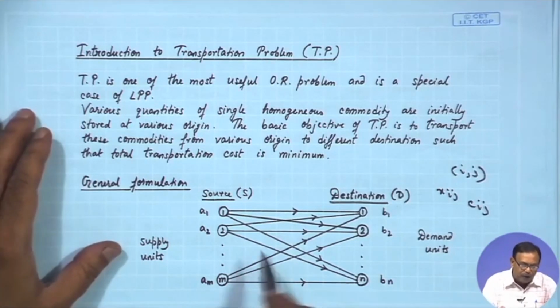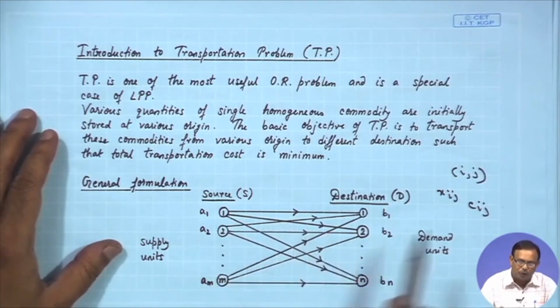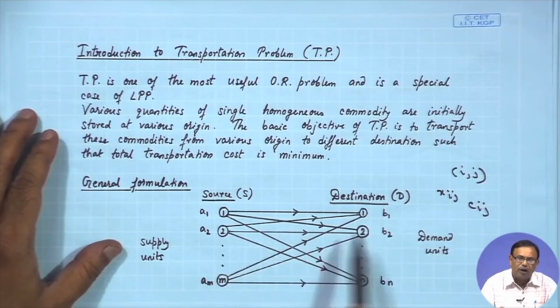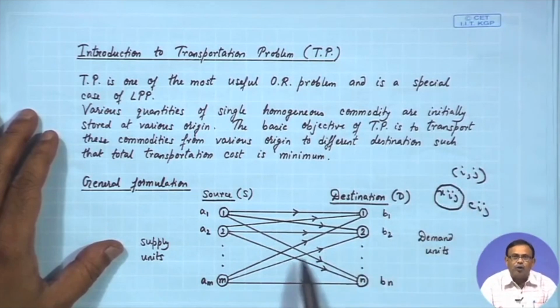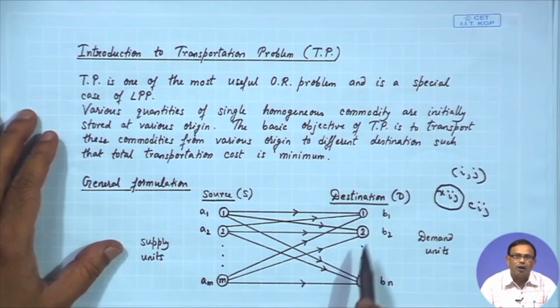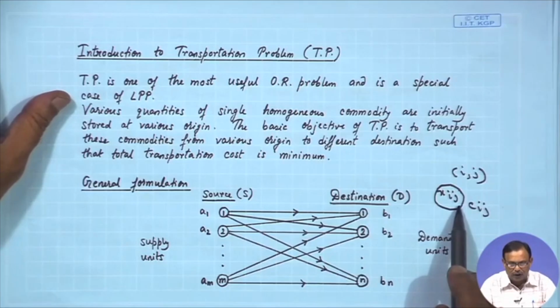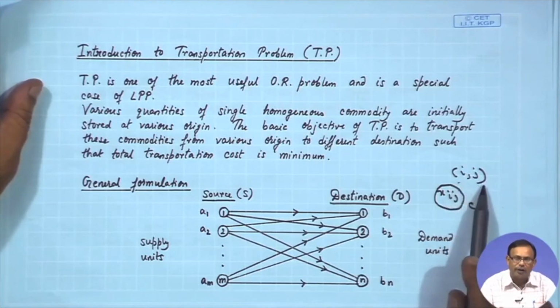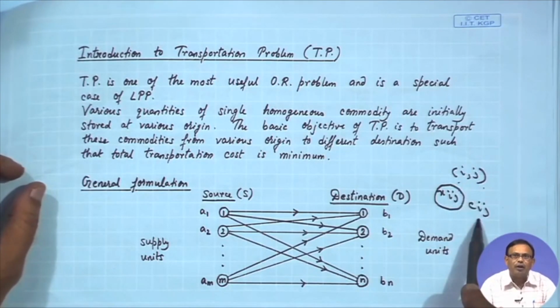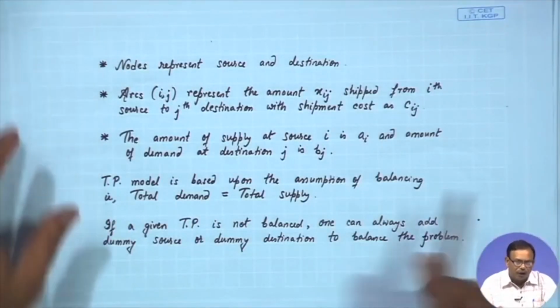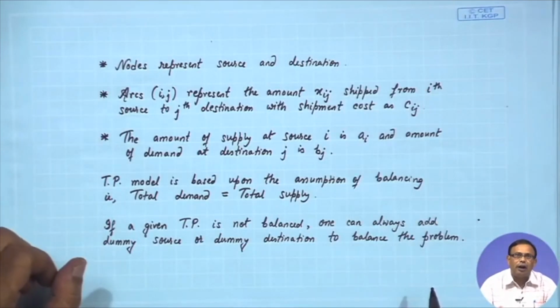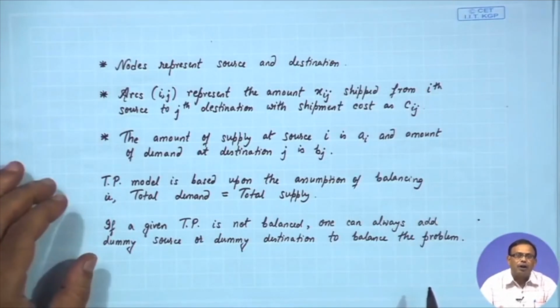So, effectively, you will transport a certain quantity of the product from source to destination, and there will be a certain cost associated with transporting x_ij quantity from the ith source to the jth destination, which we define by c_ij. The amount of supply at source i is a_i, and the amount of demand at destination j is b_j.